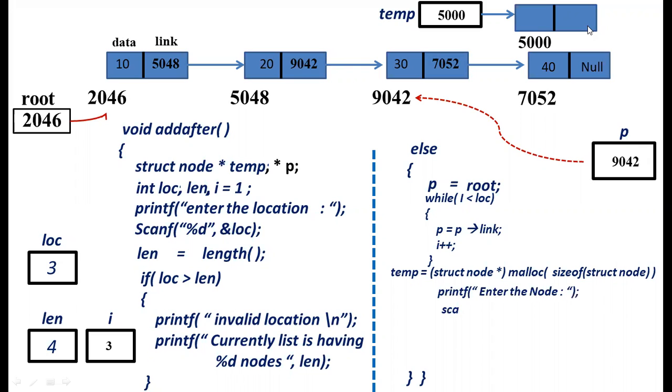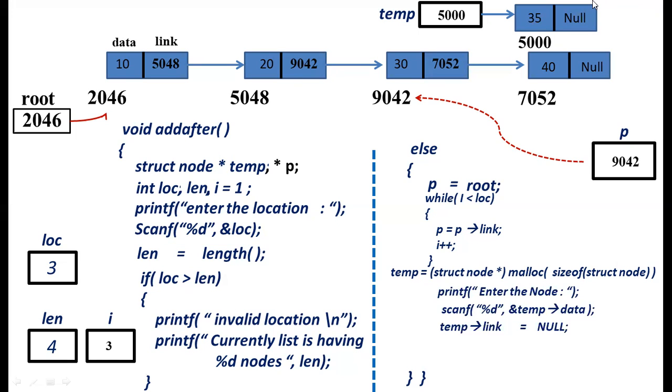In scanf, we write temp to data address. Say we have inserted the value 35. So 35 will be placed here. Then this node needs to be null, so null is equal to temp to link. We are assigning the null value into temp to link, which is this part. So 35 is placed here and the null value is placed here.